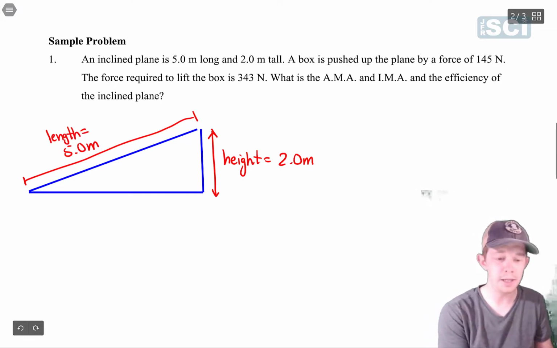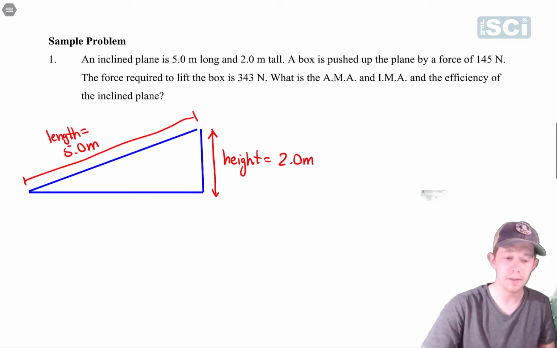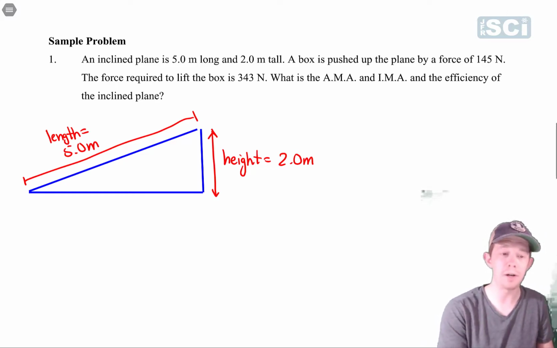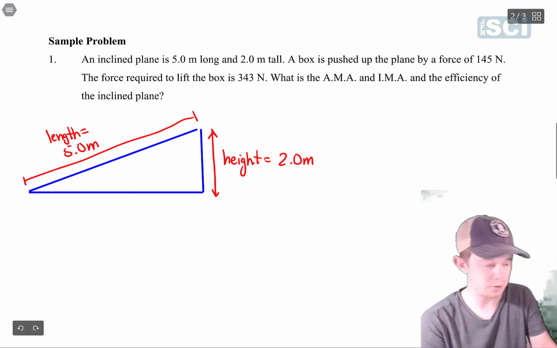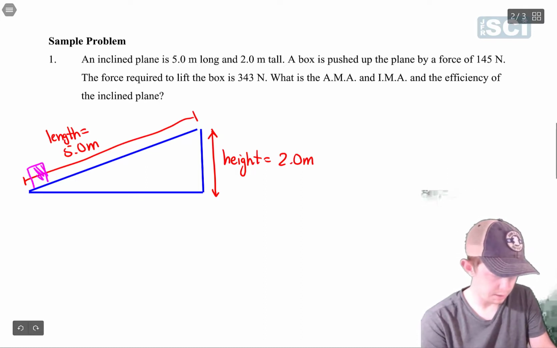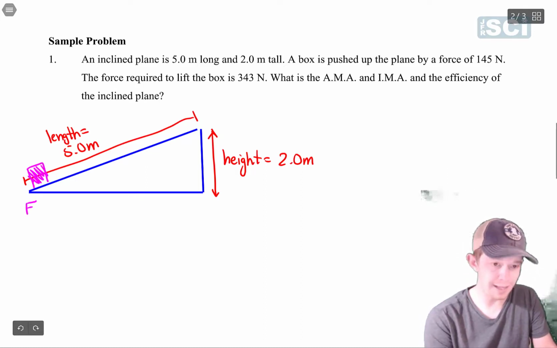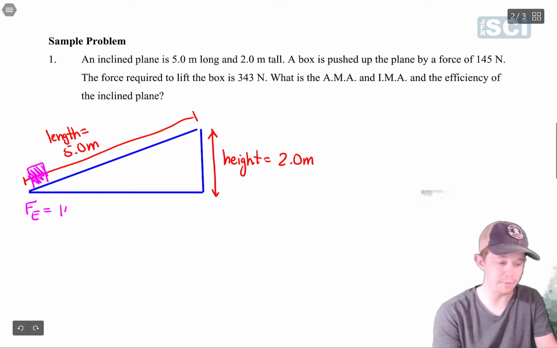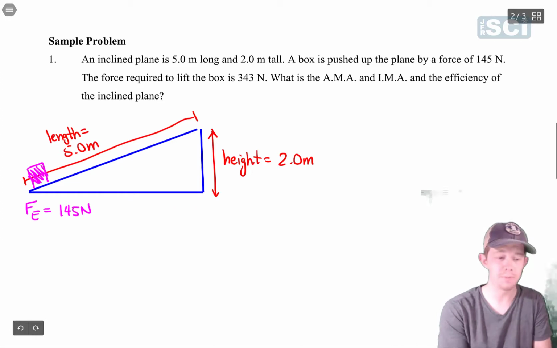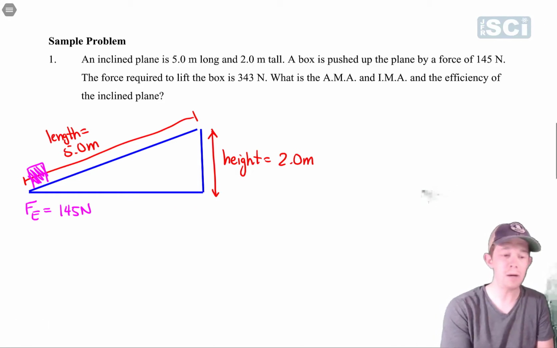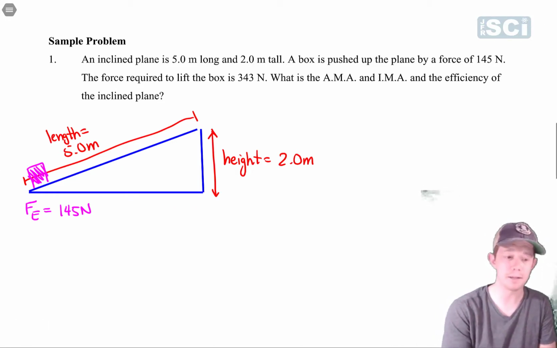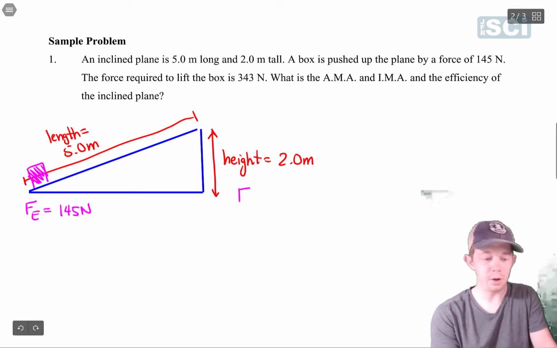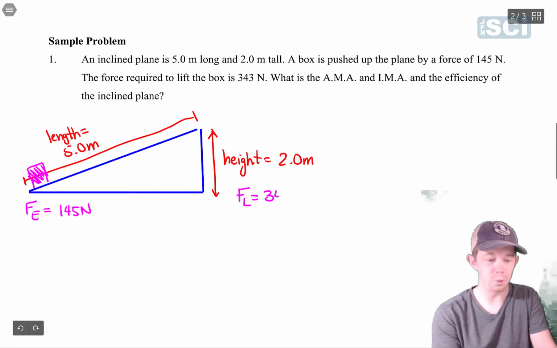And I'm pushing a box with a force of 145 newtons. So I'll draw in here my box. So there's my box. My effort force is 145 newtons. And if I was going to lift this box, my load force would have been 343 newtons.